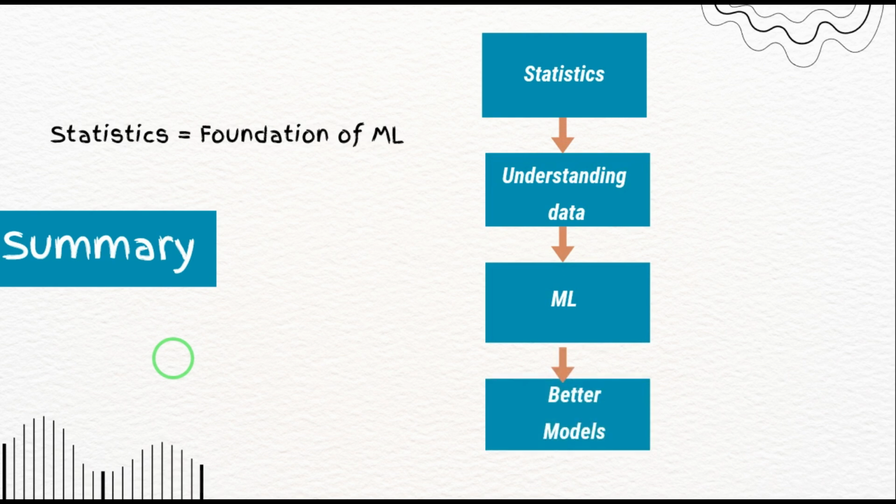In the next episodes, we'll go step by step, starting from descriptive statistics and moving all the way to probability, inference, and hypothesis testing, but explained simply, visually, and practically. I think this series is very useful for those who are starting to learn machine learning and even for those who just want to brush up on the statistics part of their journey. Because when you truly get statistics, everything else in machine learning just clicks.